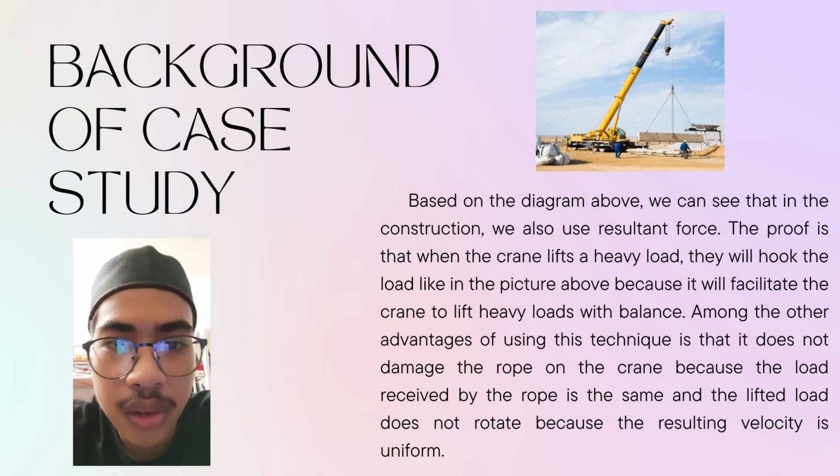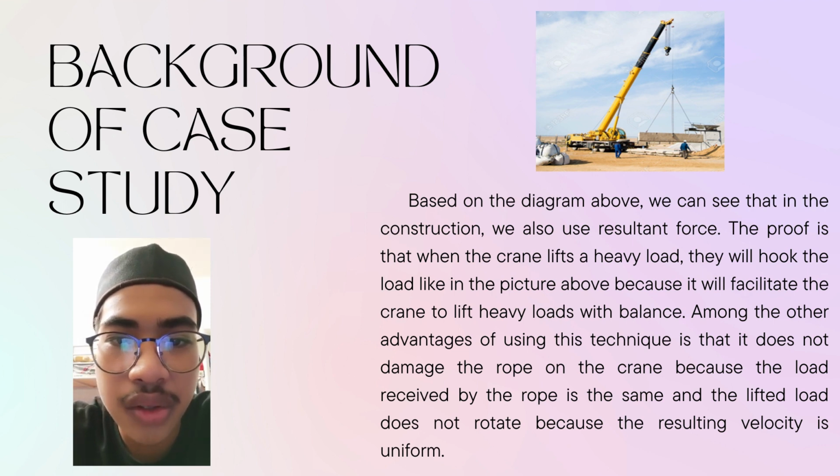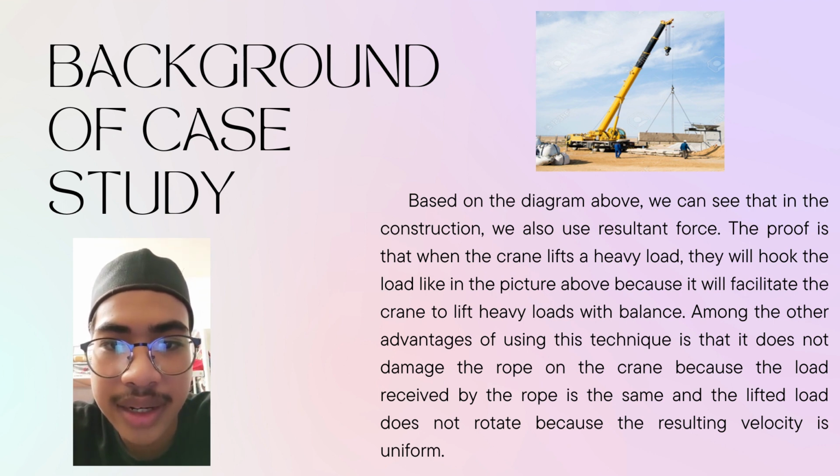So here we go to the background of the case study. Based on the diagram above, we can see that in construction we also use resultant force. The proof is that when the crane lifts a heavy load, they hold the load like in the picture above, because it will facilitate the crane to lift heavy loads with balance.